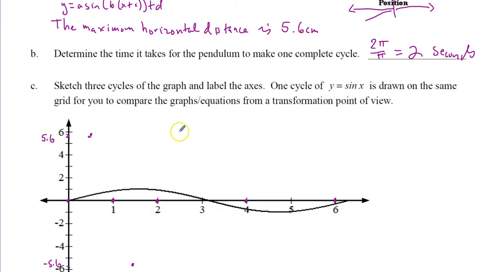Then back to the midline, half a second later, to the max, to the mid, to the min, to the mid. 4.5 seconds will be at the max, back to the midline, and so on. And so now we can sketch this out, and we can see how well we can sketch this out using a tablet.